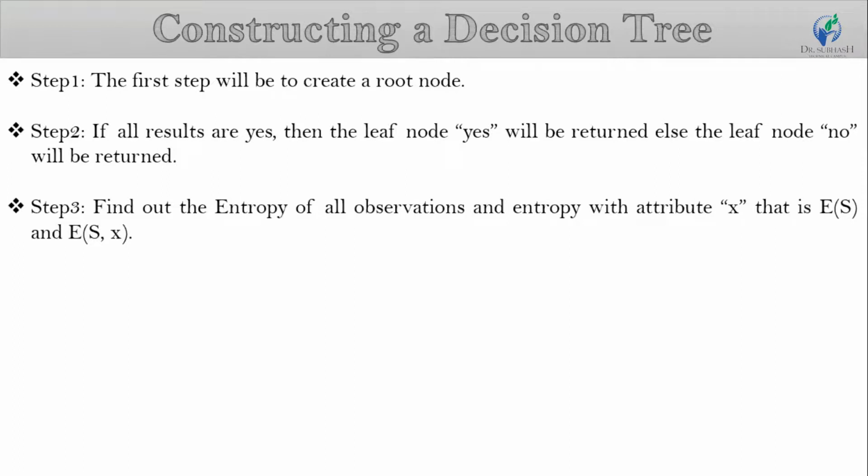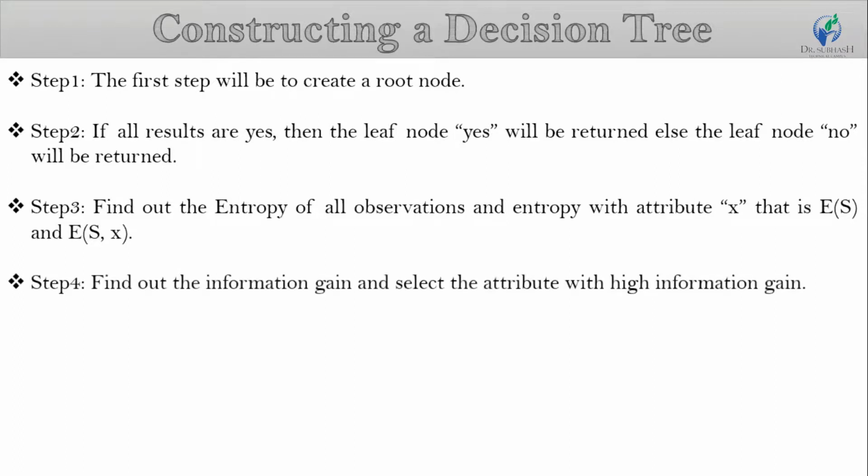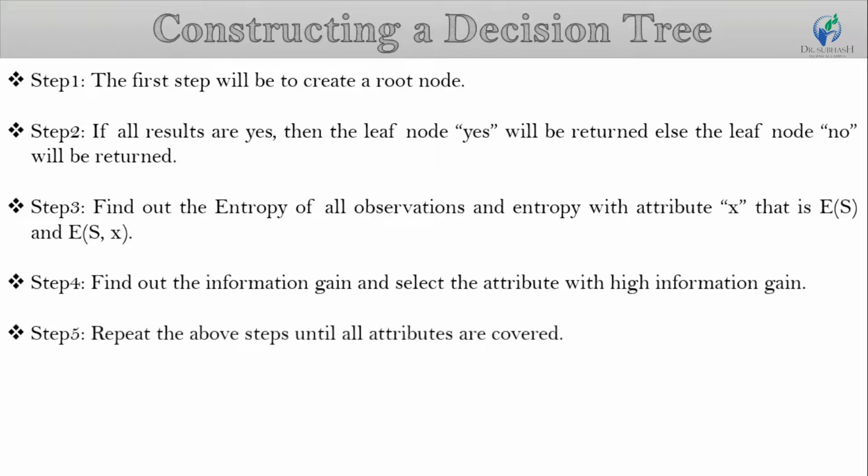In step 4, we find out the information gain and select the attribute with the highest information gain. In step 5, we repeat the above steps until all attributes are covered. This way we find out the information gain for the decision tree.